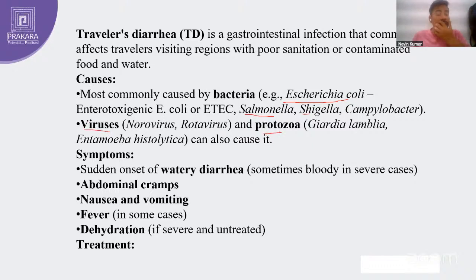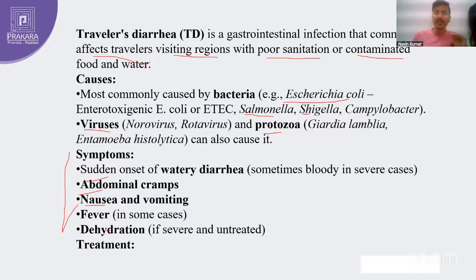This kind of diarrhea affects a traveler, which is why it is known as traveler's diarrhea. It affects the traveler in the visiting region, and this happens due to either poor sanitation or contaminated food and water. The symptoms are abdominal pain, nausea, fever, and dehydration.